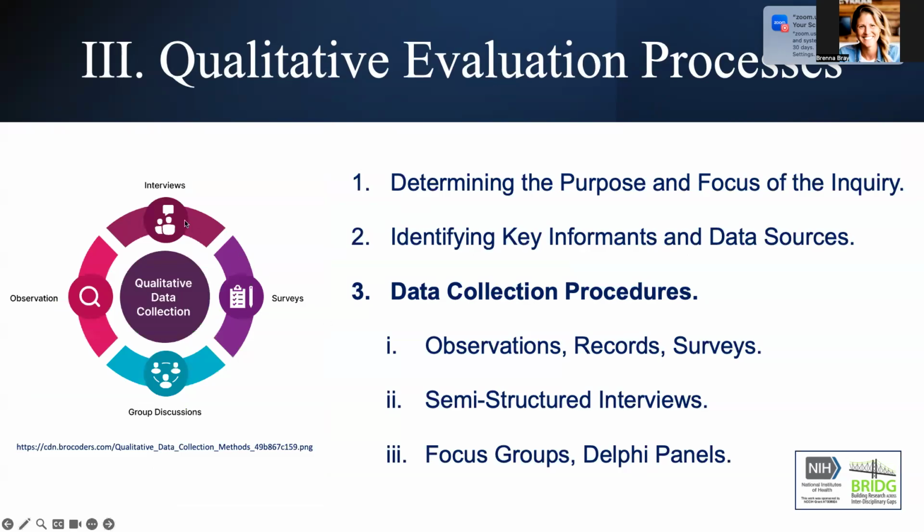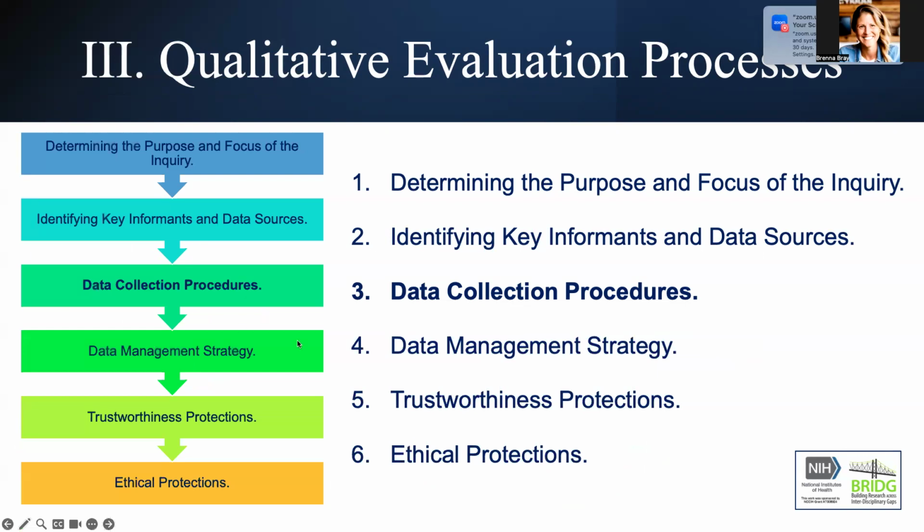And here's interviews, surveys, group discussions, and observations, which are kind of main types of qualitative data collection. Then we're going to talk about data management strategies, trustworthiness protections, and ethical protections.